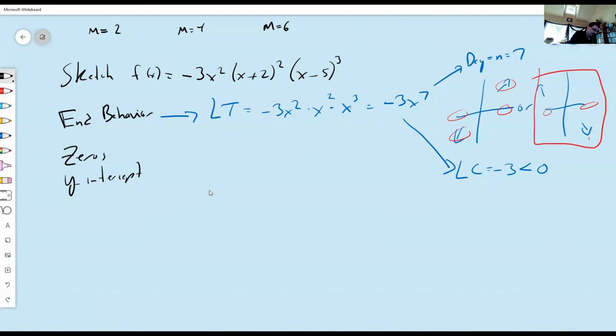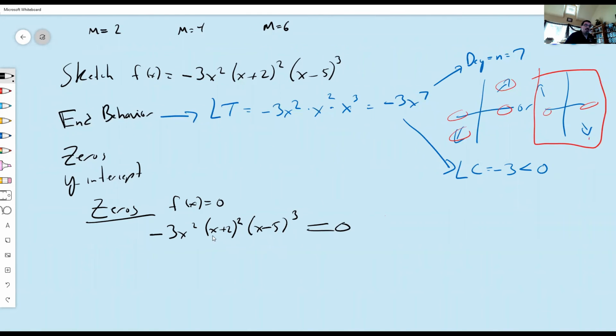And then we're going to talk zeros. Zeros mean f of x is equal to 0. Since these are all linear factors, we just pull them off.